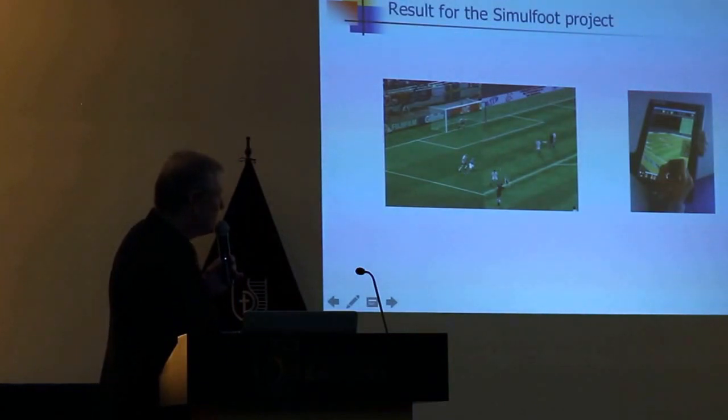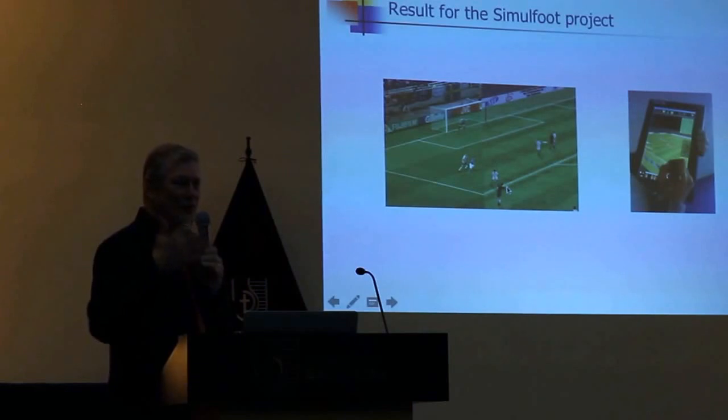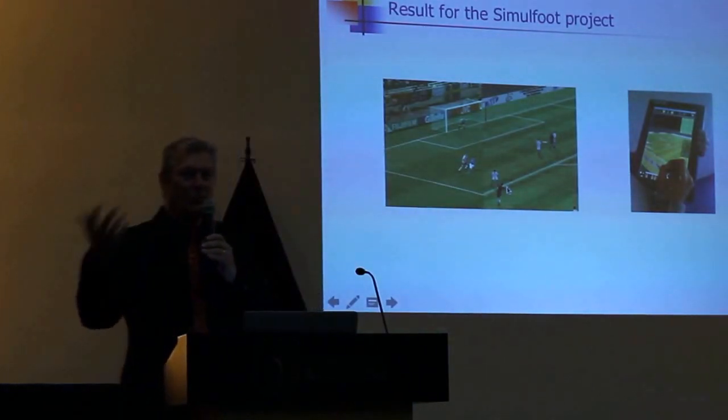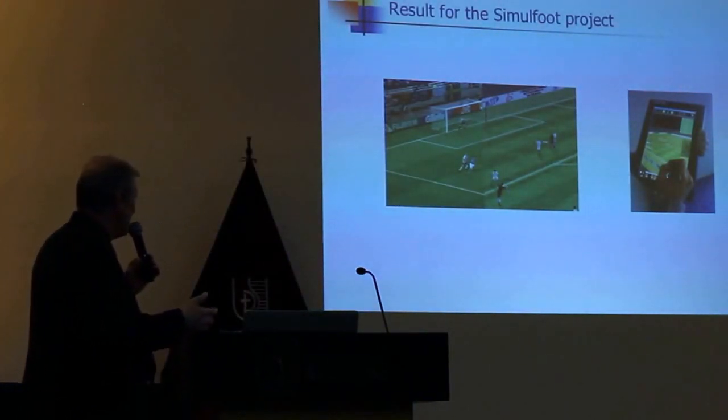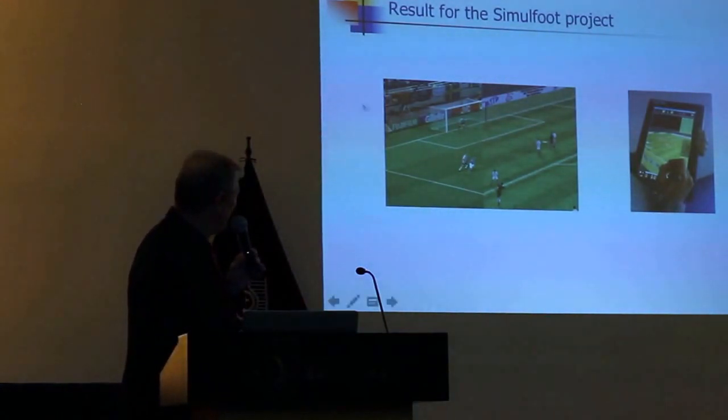And the right part is a processed image: we have found the correspondence and then put other players on there, and you can see that the lines correspond perfectly. That's normal. And we put in some other advertisement.